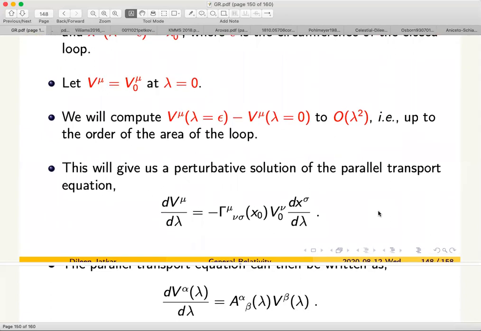When we solve this up to order lambda square, it will basically give us a solution to this equation. We can check that we would be getting this answer, but in a perturbative fashion, order by order in lambda in some sense.